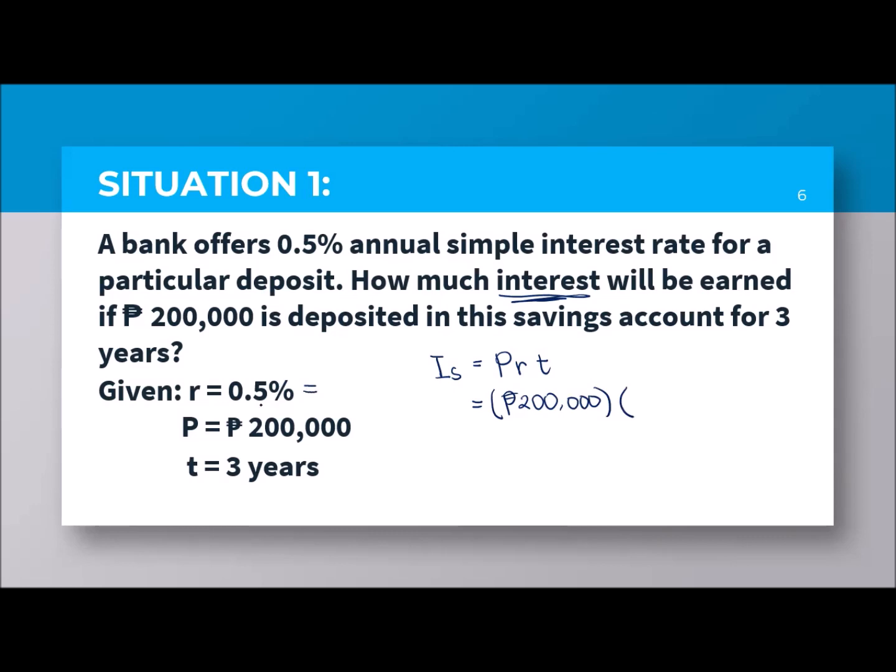Ang rate natin na 0.5%, sabi ko sa inyo dati, move nyo lang to ng 2 decimal places. So, that is 0.005. And then, ang time natin ay 3. So, as simple as that, i-multiply natin. And I encourage you to use a calculator para mas madalian tayo. Okay? So, the answer here is 3,000.